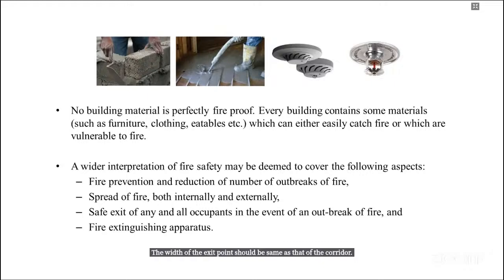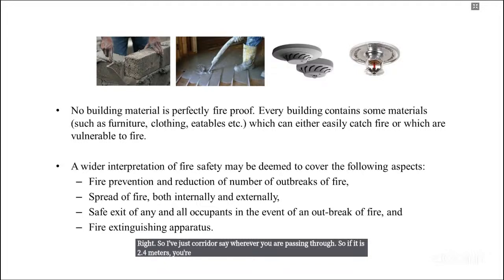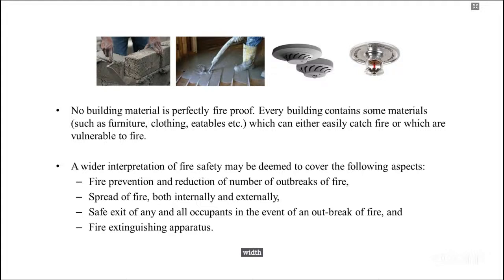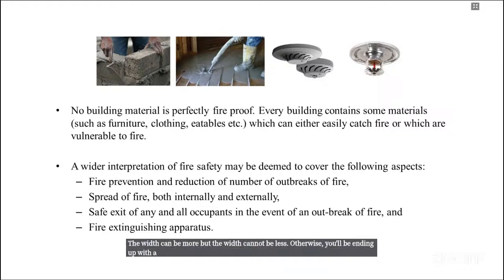Wherever you are passing through, if it is 2.4 meters, you're advised that the door has to be that much width. The width can be more, but the width cannot be less. Otherwise, you'll end up in a situation where people will not be able to move out of that area to take exit. So we need to design those exits in that manner.